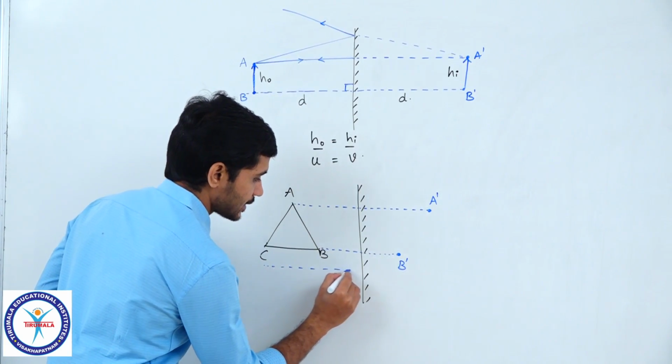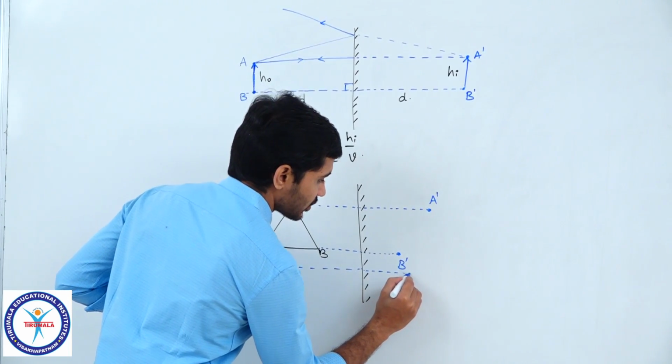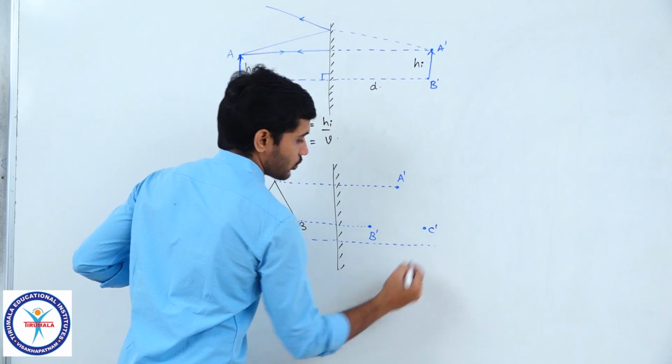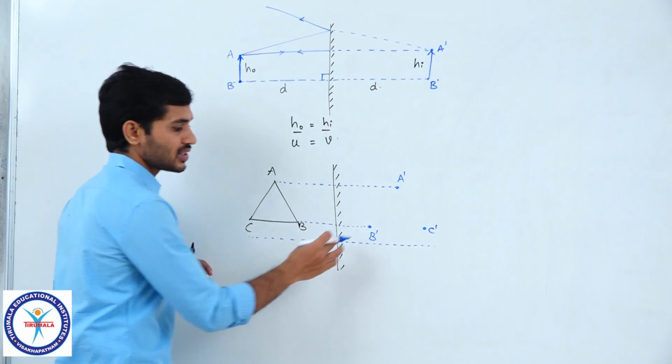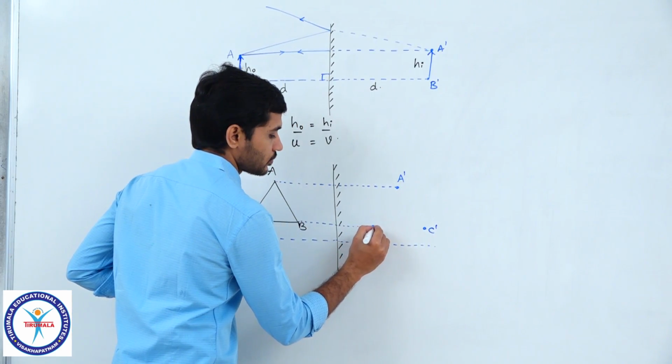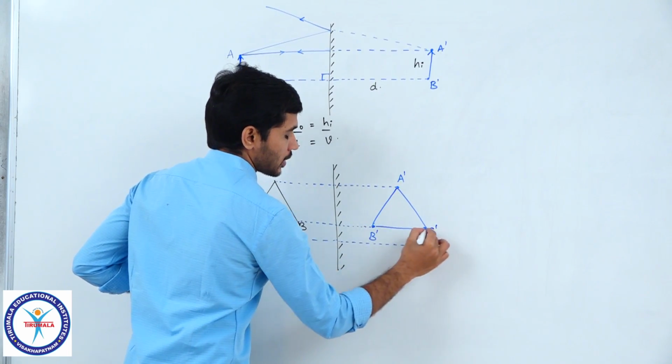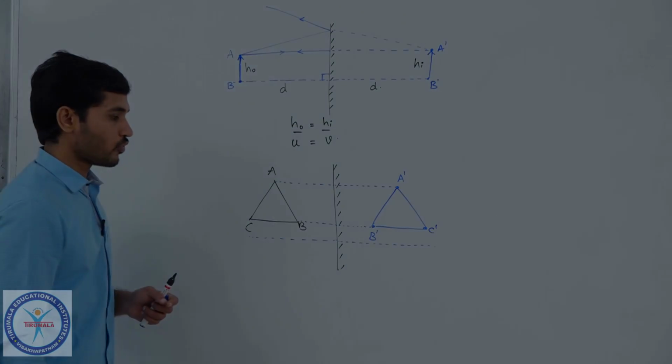I will find this distance and draw the same distance on the other side. So, this is where C dash is formed. Now I will just join these 3 points, and so, this is how the image would be formed.